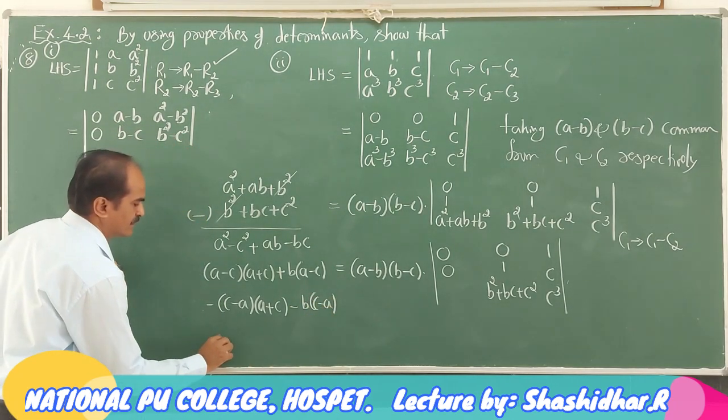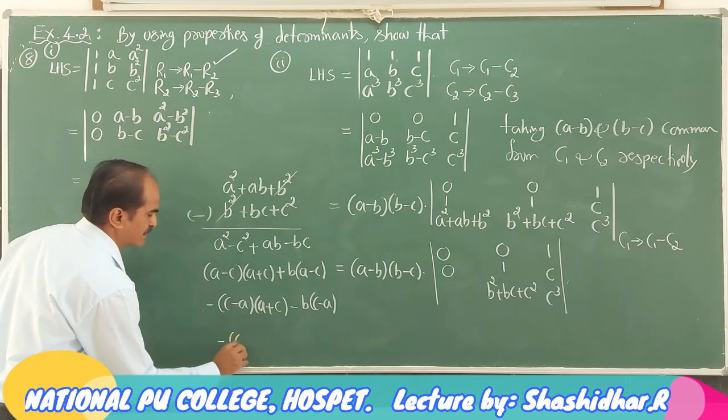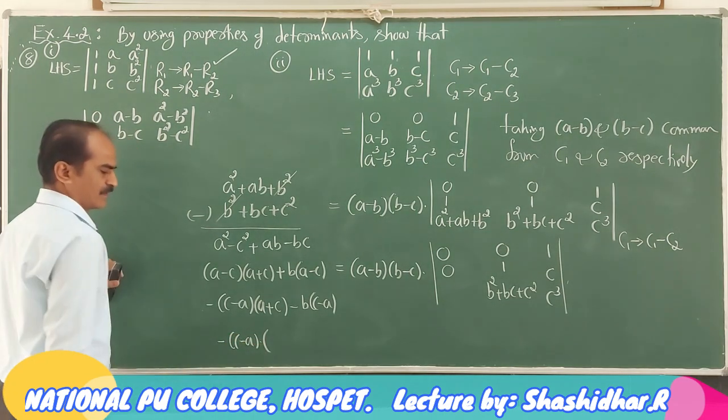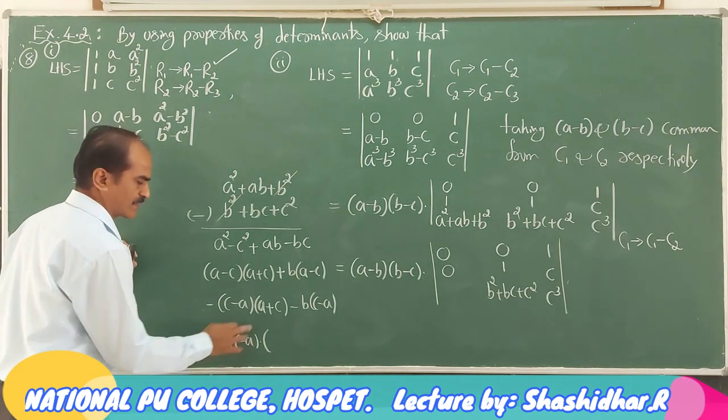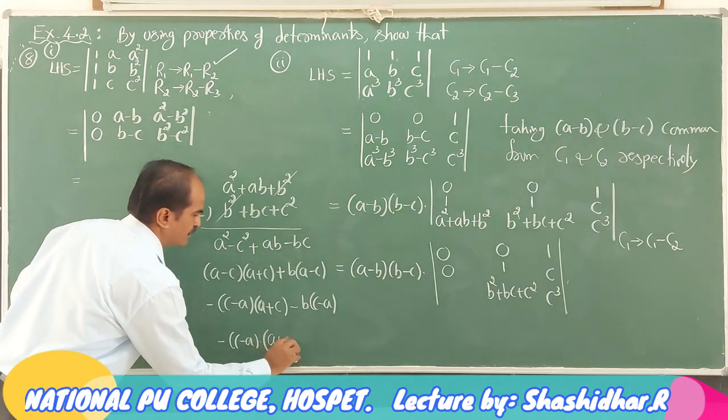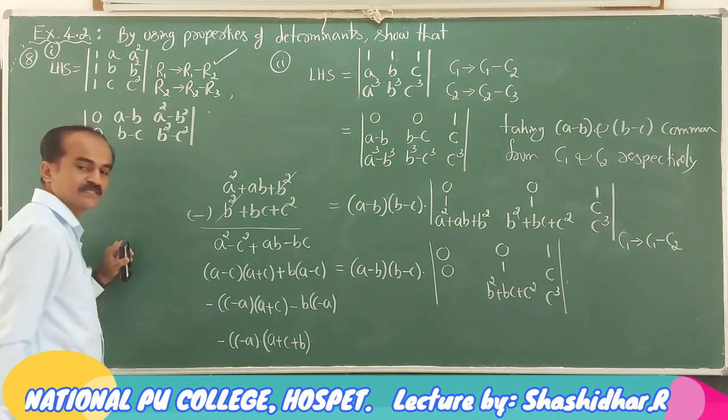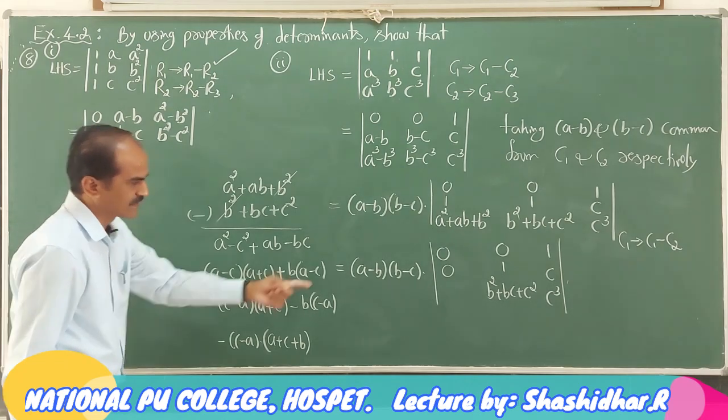Now I take minus of C minus A factor common. What am I left with? It is A plus C plus B. This is what I get. Let me write straight away there.